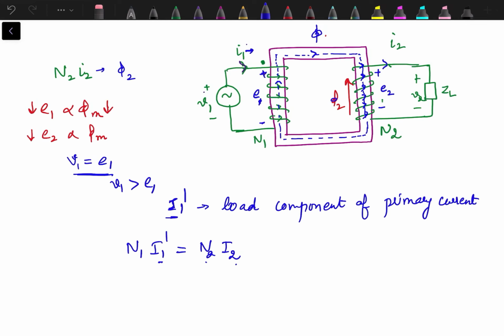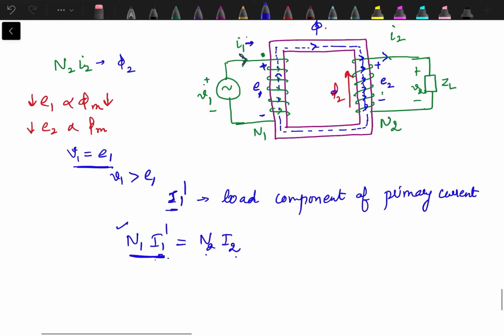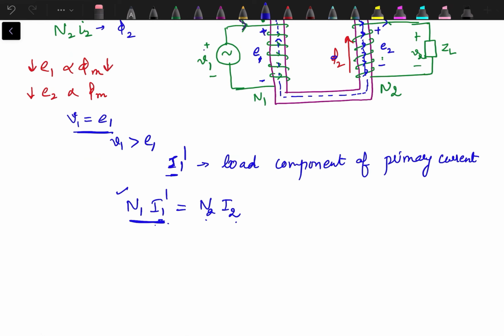Since the reluctance is the same, the two MMFs must be equal in order to produce a constant flux in this core, so that phi 2 can be cancelled out by the additional flux produced by this additional MMF. So N1 into I1 dash should be equal to N2 I2, or we can find the value of I1 dash as N2 by N1 into I2.